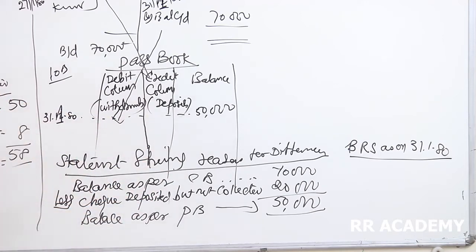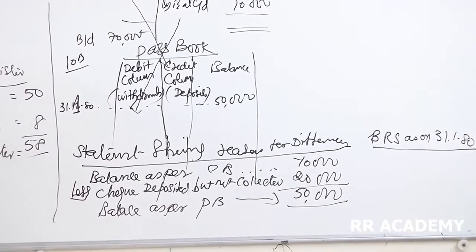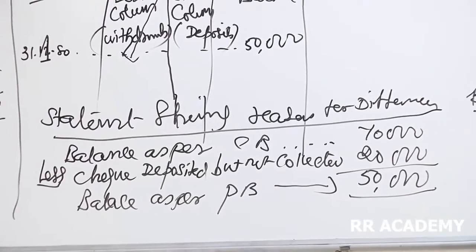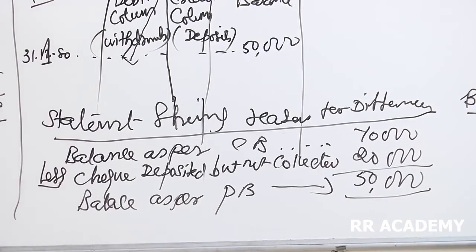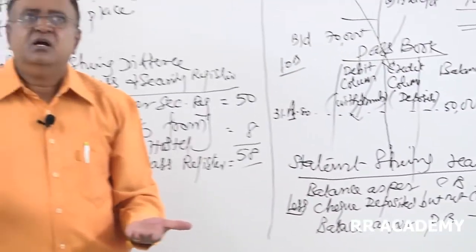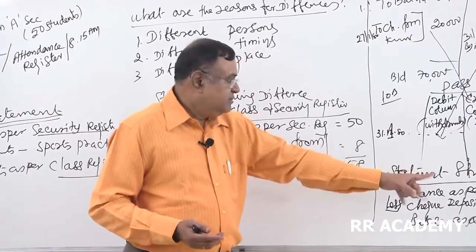Because the BRS, bank reconciliation statement, is prepared. Sir, balance as per cash book is 70 only, sir. But we received a check, we deposited it, but it has not yet come, sir. How do you say? By going through the passbook and cash book. See, sir, in the passbook it is not at all there. So it has to come up to only 50,000, sir.